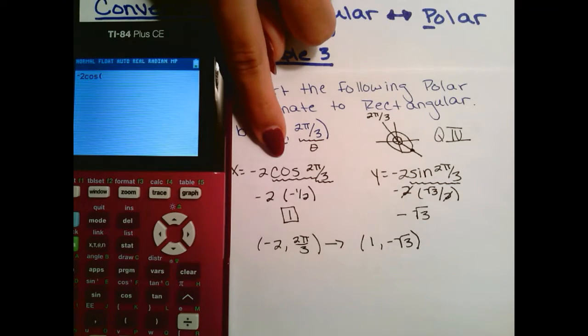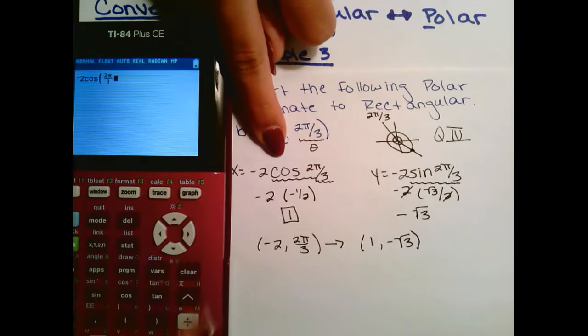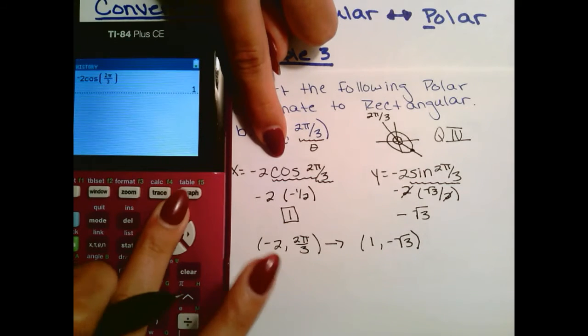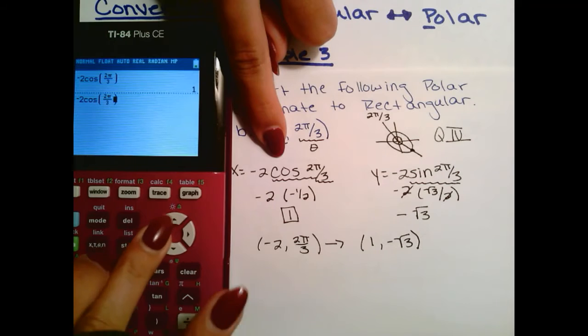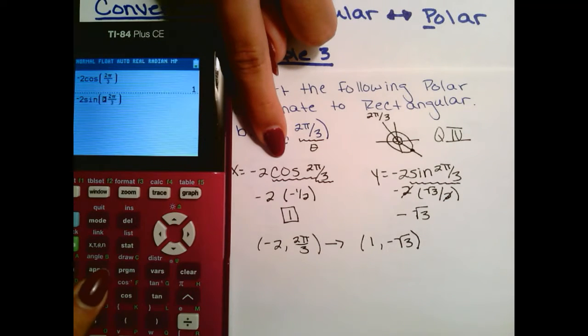And now I can put 2 pi over 3. Press enter, and you can see that I still get that 1. And now I'm going to scroll up and do the same thing, but I'm going to put a sine there.